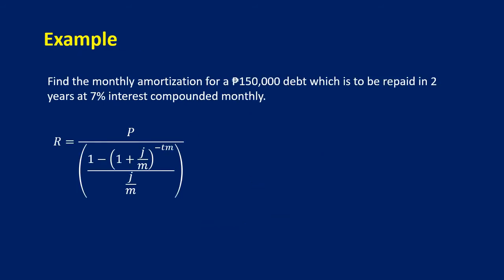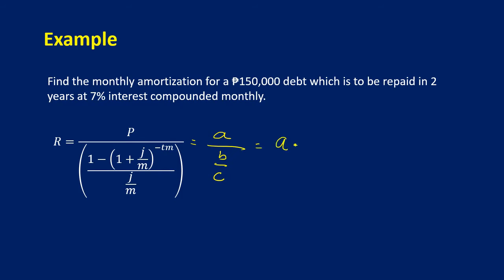Alright, so let's now find the monthly amortization for a 150,000 debt, which is to be repaid in 2 years at 7% compounded monthly. Now, take note that we can simplify this formula because it is a complex fraction, right? The form is like A all over B over C. And how do you divide fractions?